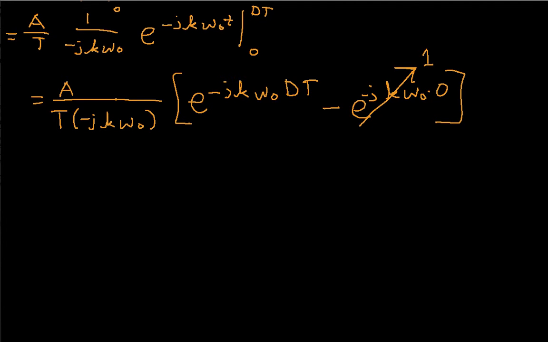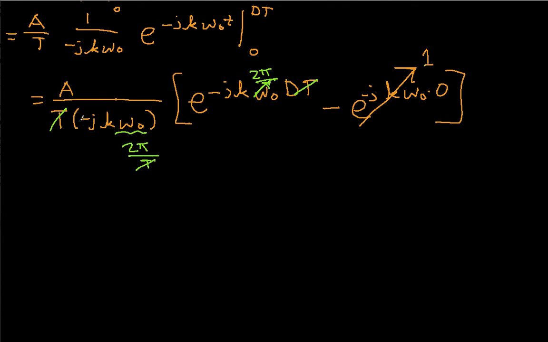If you'll remember, omega 0 is 2 pi over T. So we have this T multiplied by all of this, which is 2 pi over T. Those two will cancel. We have a similar thing up here with e to the j k omega 0 dT, where omega 0 is 2 pi over T, so this T and this T will cancel.